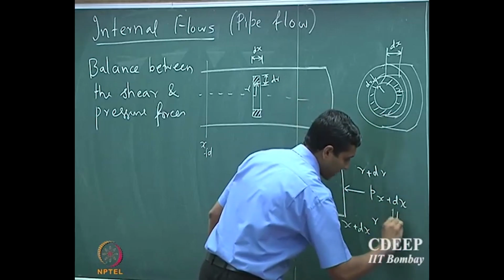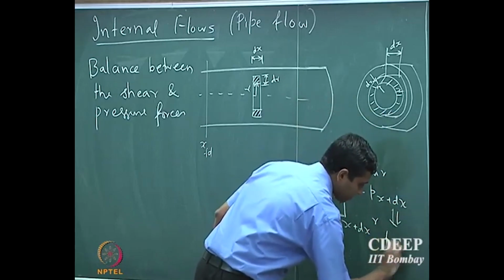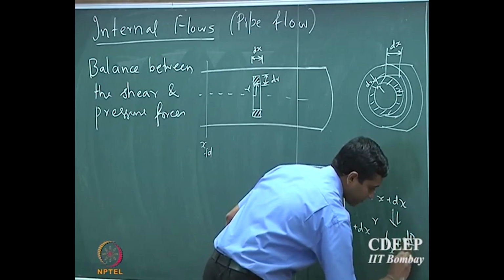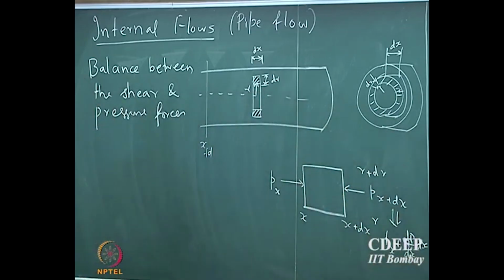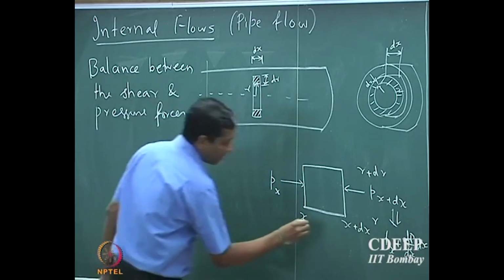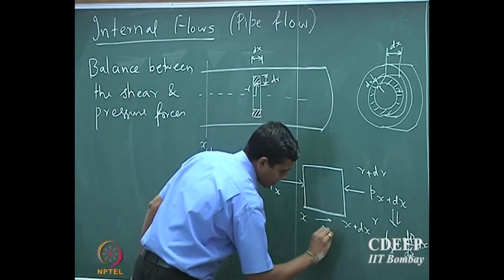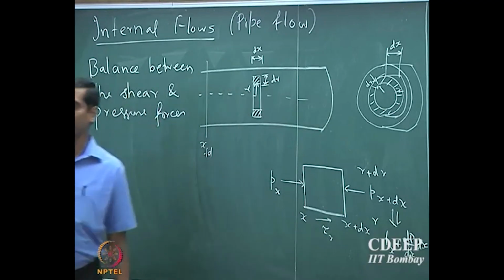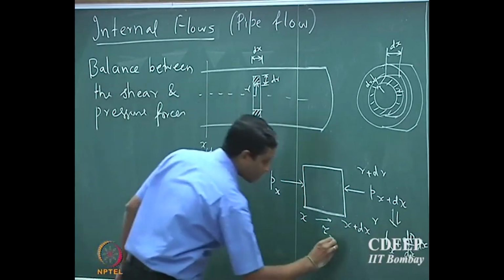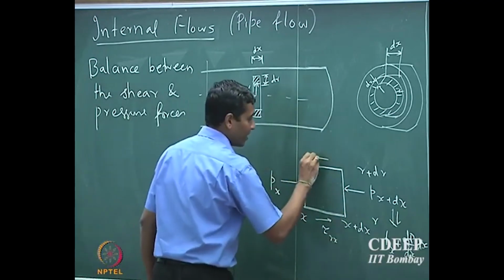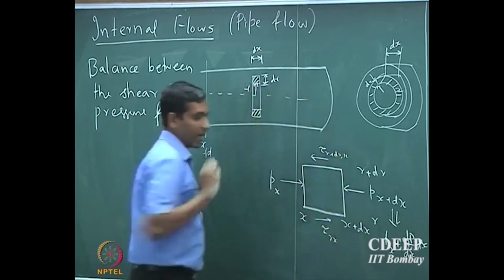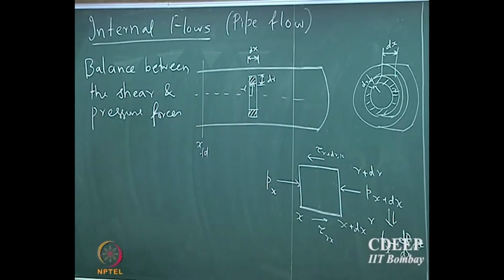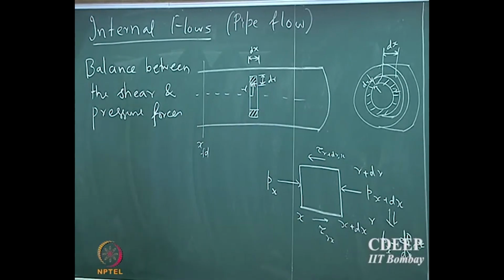So this I can write as Px plus dP by dx into dx using Taylor series expansion, and the shear force acting is tau rx, and this will be tau r plus dr x. So I can make a force balance now.